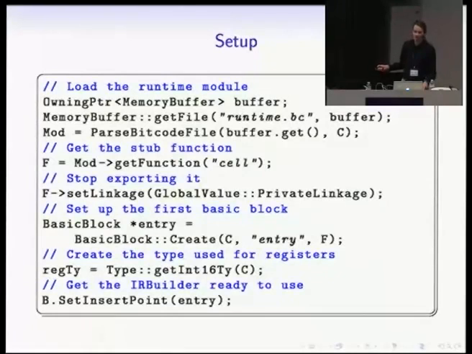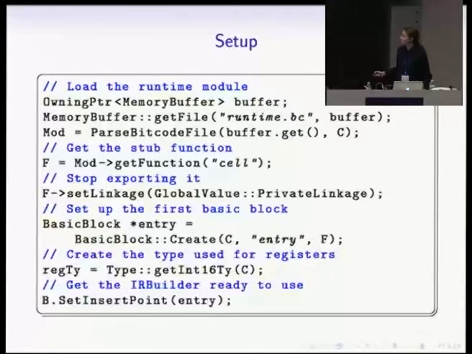The name doesn't really matter, it's just that the first one that's added will automatically be the entry one. And a lot of these things take this C parameter, which isn't on the slides. This is an LLVM context. And this is what LLVM uses for reentrancy, so you can have multiple threads with different LLVM contexts, but you can also just call get global context, and then you get a shared one if you don't care about having a multi-threaded compiler. And to be fair, most people don't care about having a multi-threaded compiler.